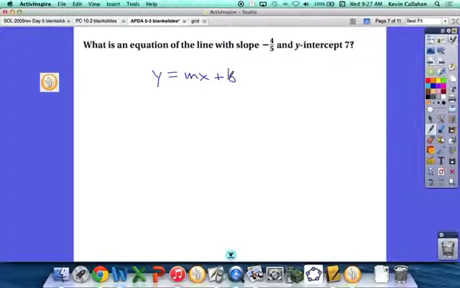All right. How would I write the equation that has a slope of -4/5 and a y-intercept of 7? Y equals -4/5 x, don't forget the x, plus 7. Look at that.